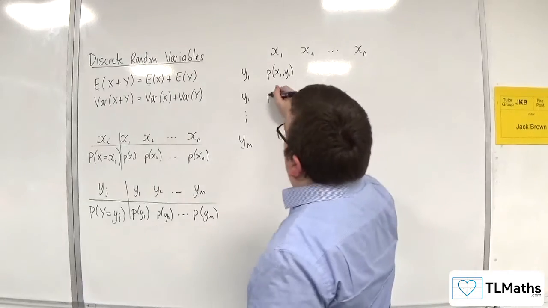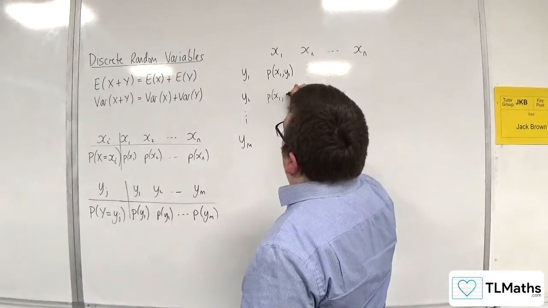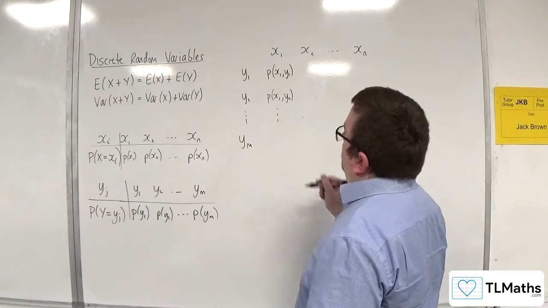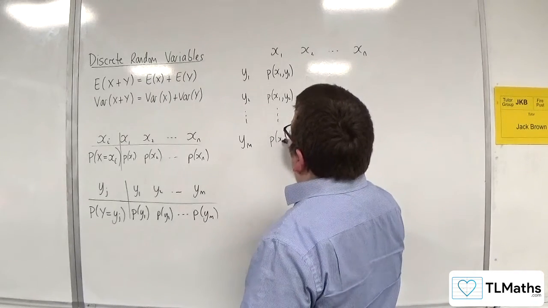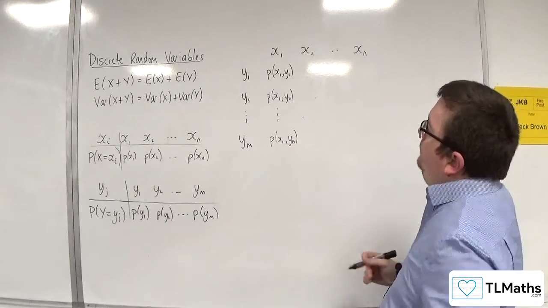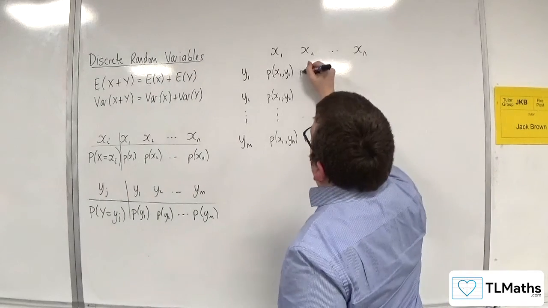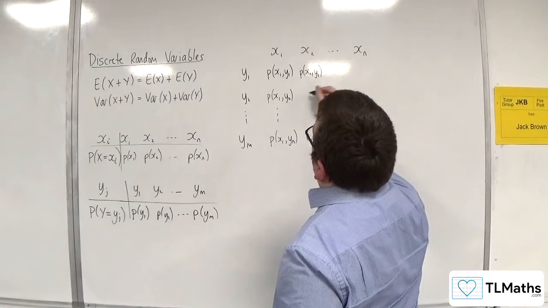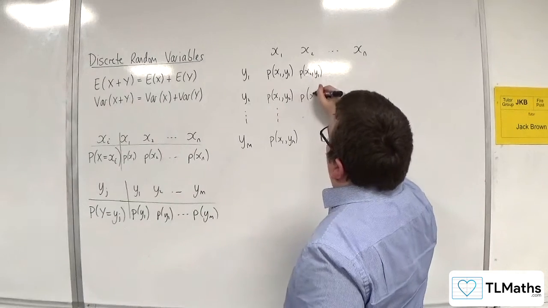So this would be the probability of getting x1 and y2, up to the probability of getting x1, ym. This would be the probability of getting x2, y1. This would be the probability of getting x2, y2.